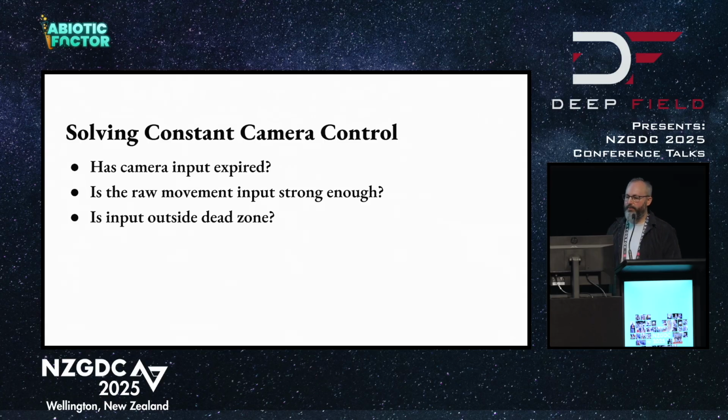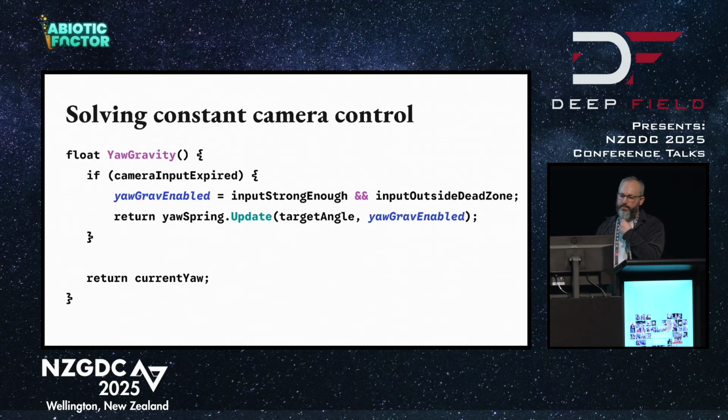So to cover all of that all over again, the things we need to know are: has the camera input expired? Is the raw movement input strong enough? And is the input outside of the dead zone? So this is very pseudocode, I apologize, but you can get the gist.